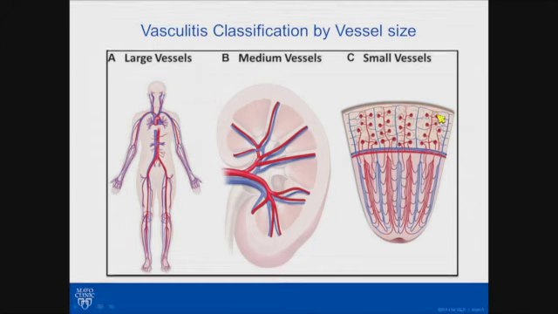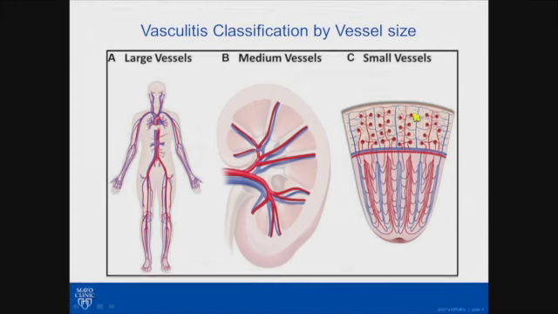At the very other end of the spectrum, here we're seeing a kidney that's been magnified, and now the branches are smaller, so we call them medium-sized. But eventually, if we were to take a little biopsy of a kidney here and blow it up under the microscope, we're going to be able to see very tiny blood vessels or capillaries inside the kidney.